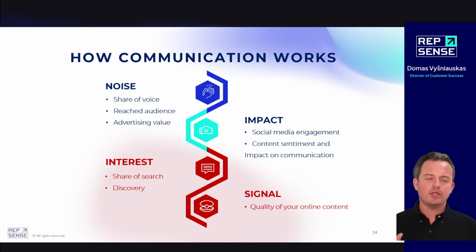So measuring noise and impact has been there already, but we want to additionally, with Repsense, disrupt the industry a little bit, to create additional performance marketing metrics for the public relations industry.